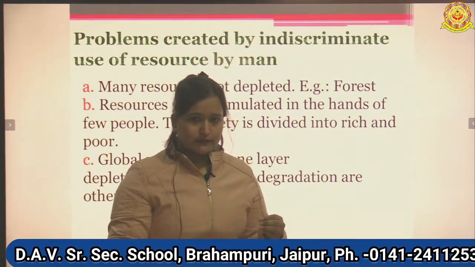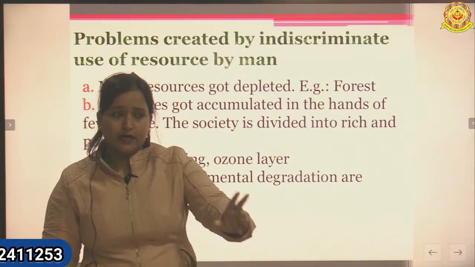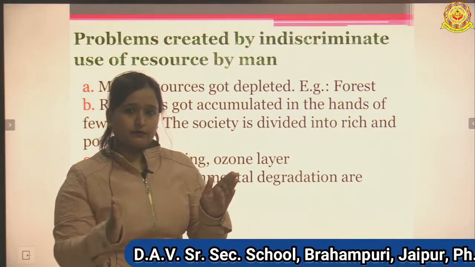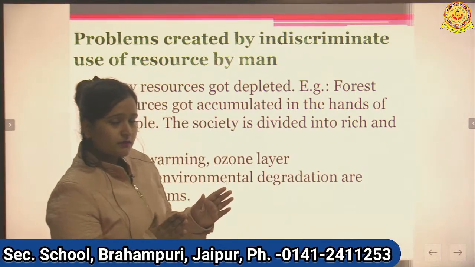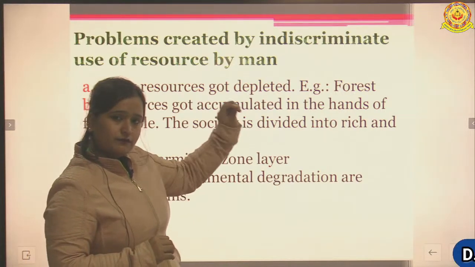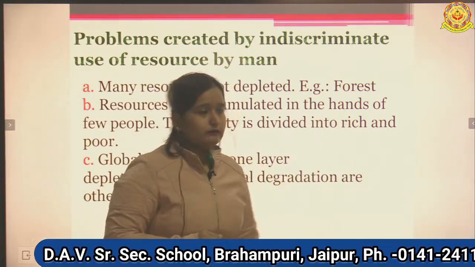So by using those resources in a proper amount, we can keep them for our future generations or for extended years.